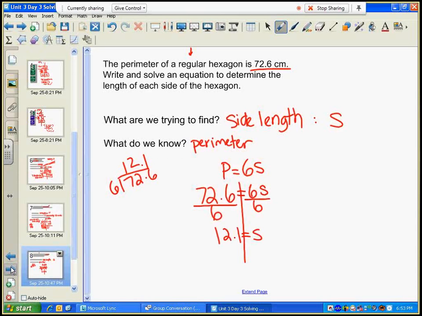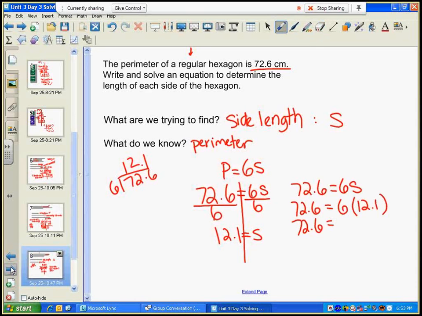Let's test it and see. So 72.6 is going to be equal to 6 times the side length. So 72.6 is going to be equal to 6 times 12.1.